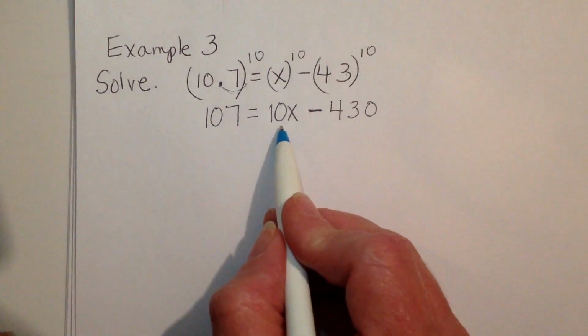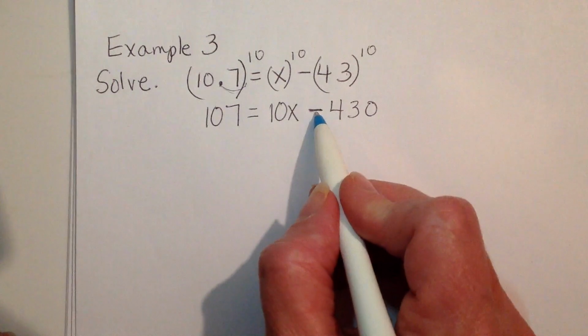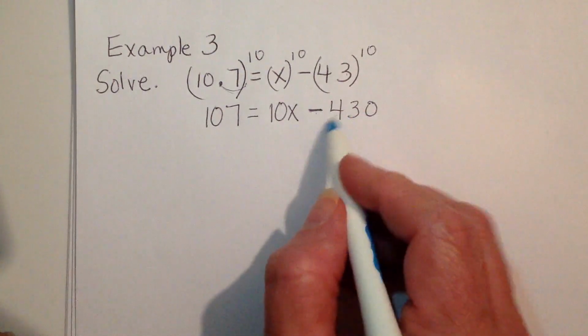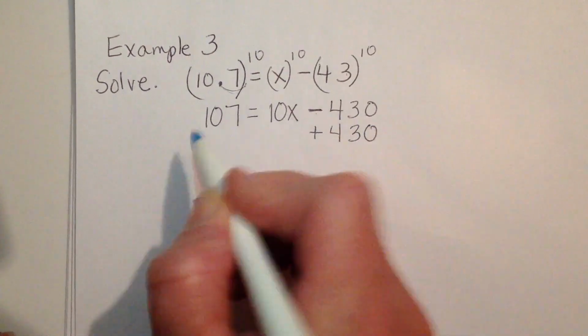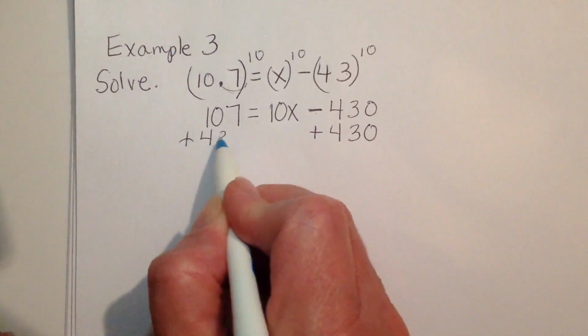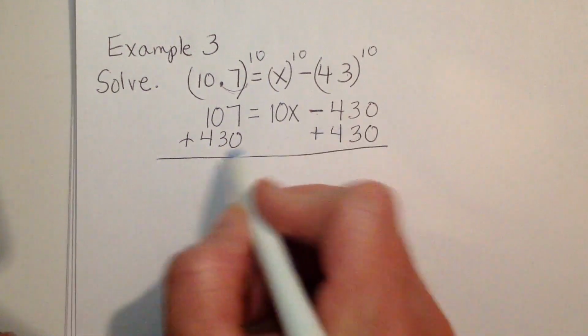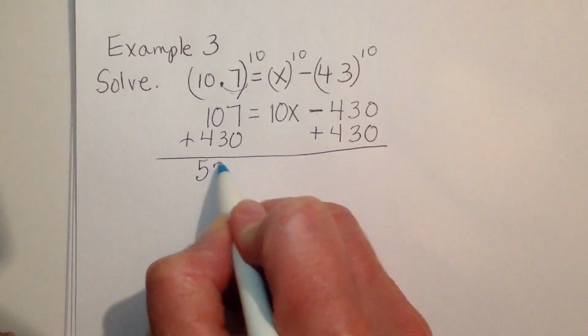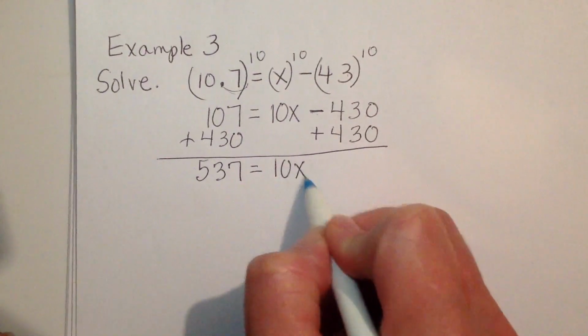So now let's solve for the variable. 10x is being subtracted by 430. The opposite operation of subtraction is addition. So let's add 430 to both sides. I end up with 537 equals 10x.